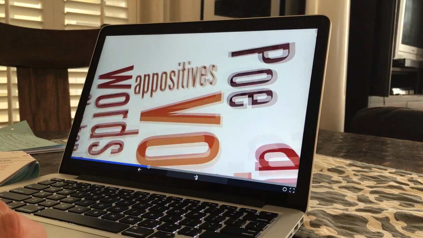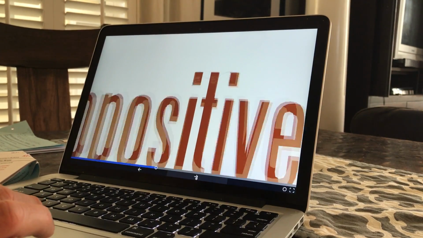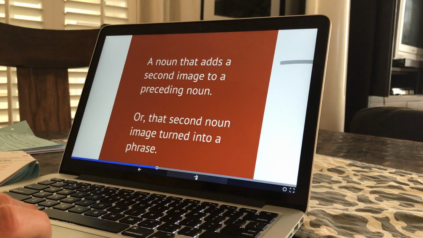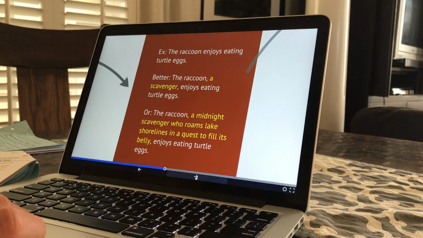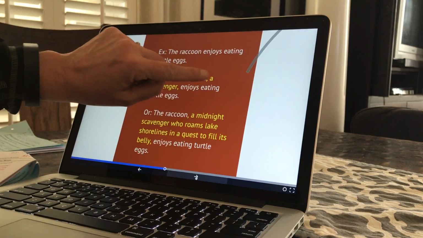All right, let's look at appositives. You know these are easy peasy. It's a noun that adds a second image to a preceding noun. It's going to be like an invisible who, which. All right, the raccoon enjoys eating turtle eggs. Better yet, Robbie. The raccoon scavenger enjoys eating turtle eggs. So this right here is just like an invisible who, which.